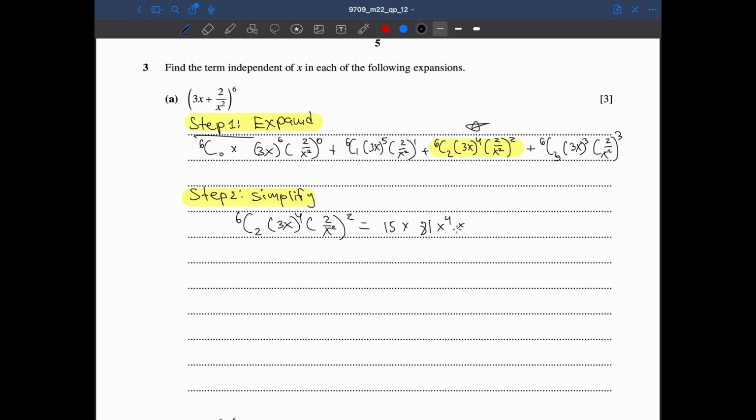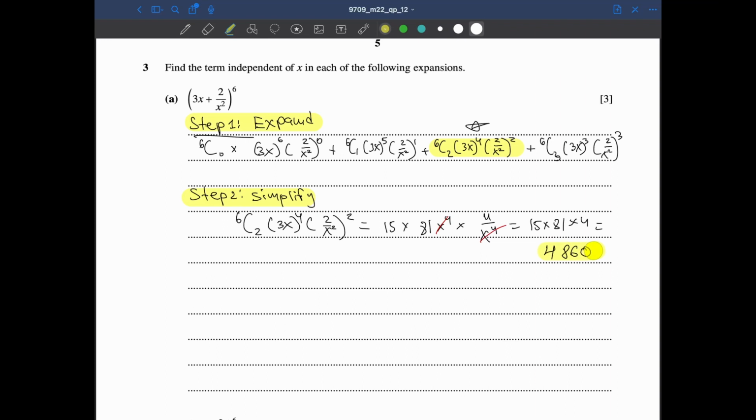And then we have 4 over x to the power 4. Sorry for that. So x to the power 4 and x to the power 4 cancel out. So we're left with 15 multiplied by 81 multiplied by 4. If we plug that into our calculator, we get 4,860.